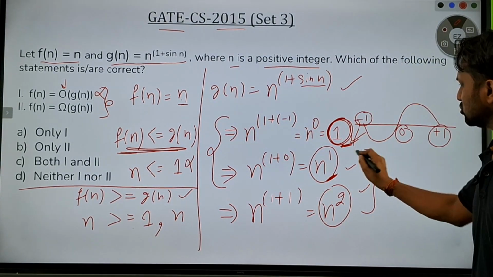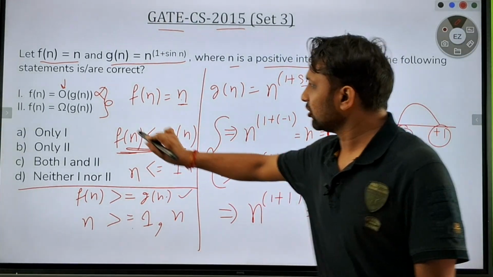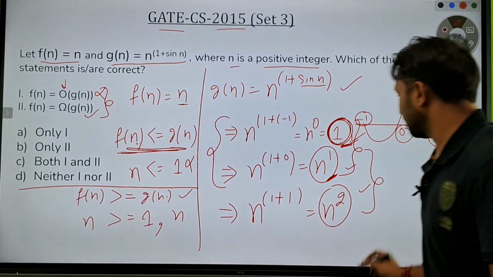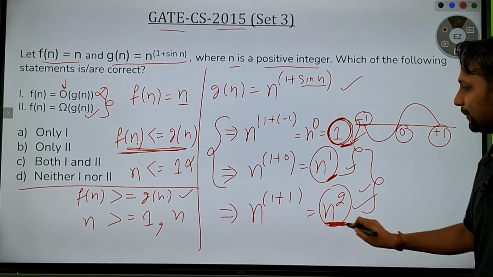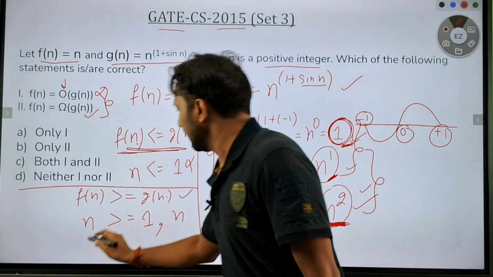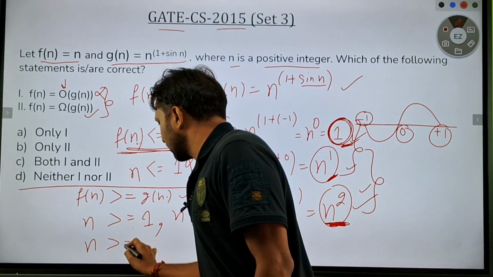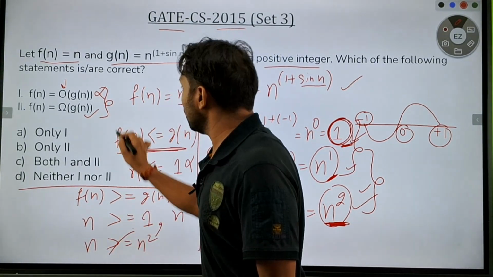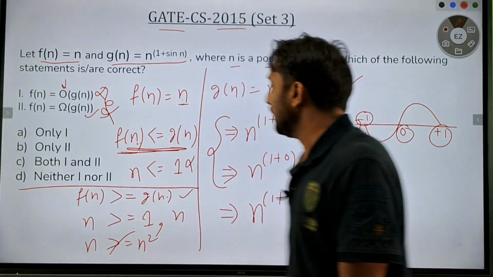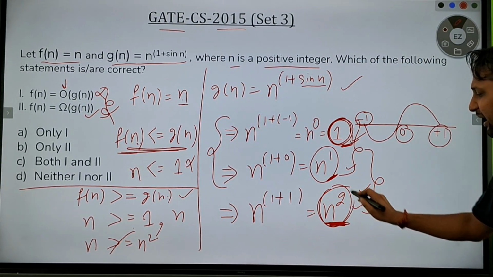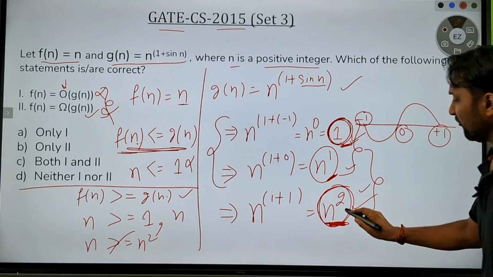So for these two cases this condition is satisfied, but when g(n) equals n^2, this condition will fail. n is not greater than or equal to n^2, so I cannot write f(n) = Ω(g(n)) either. Why? Because of sin n, because of the g(n) value of n^2.